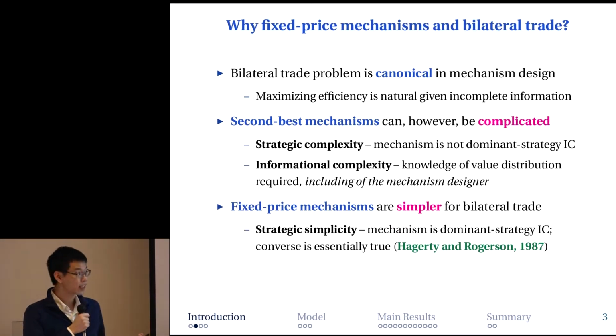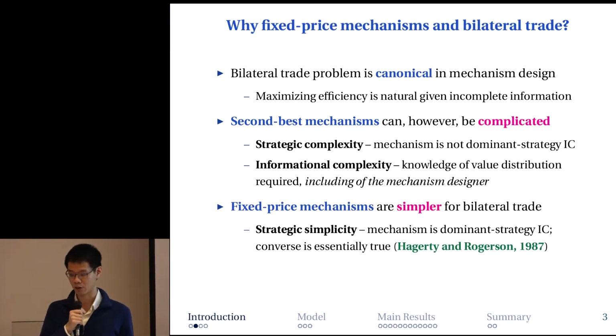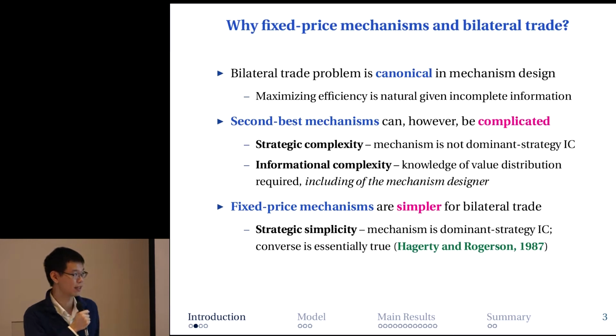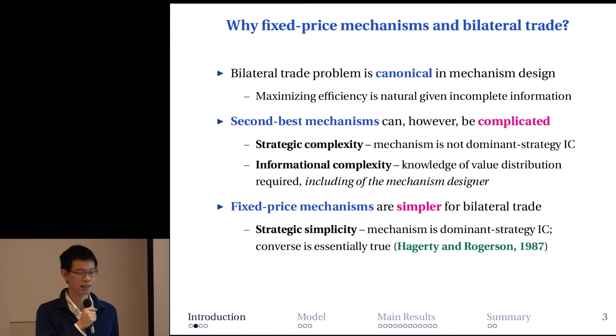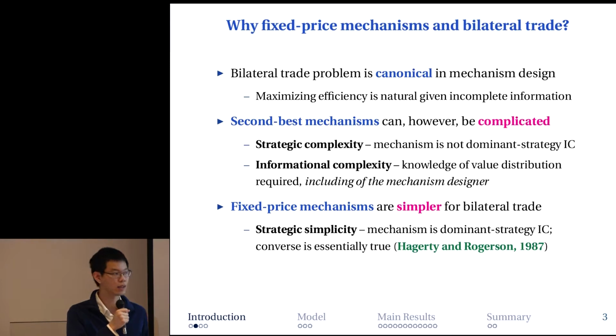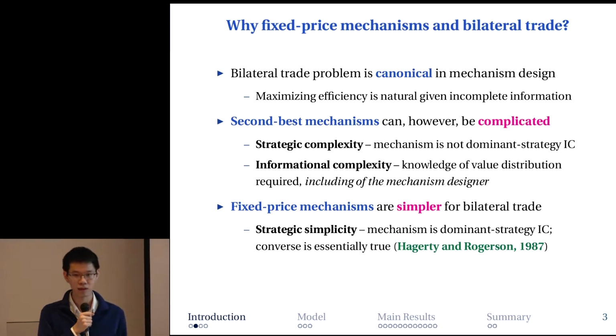By contrast, fixed price mechanisms are simpler for bilateral trade, and in particular, the work of Haggerty and Rogerson shows that the fixed price mechanisms are strategically simple, by which I mean that the mechanism is dominant strategy incentive compatible. And in fact, they show that essentially the only dominant strategy incentive compatible mechanisms are fixed price mechanisms, subject to some regularity conditions.